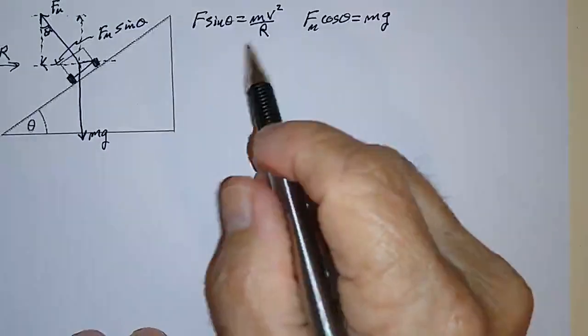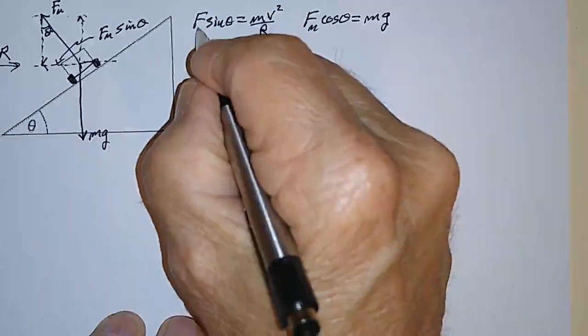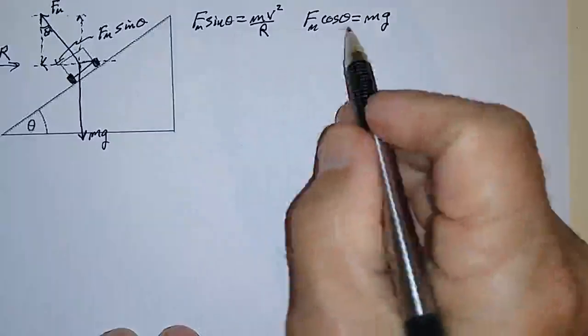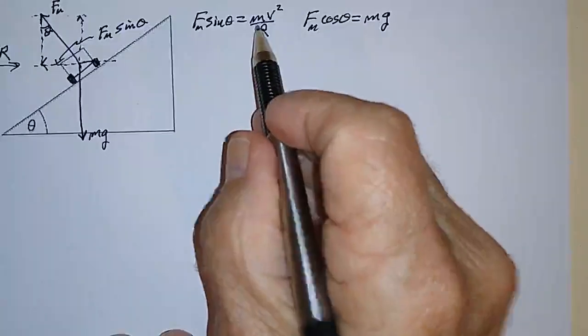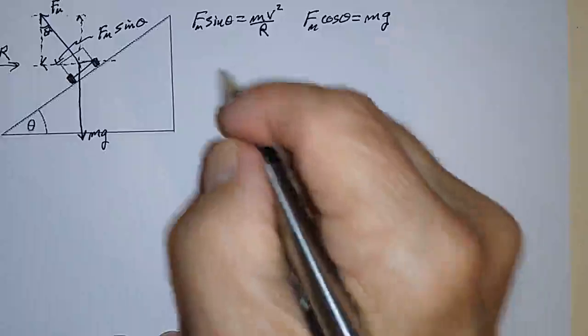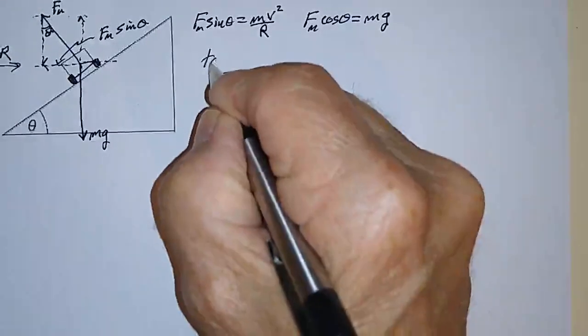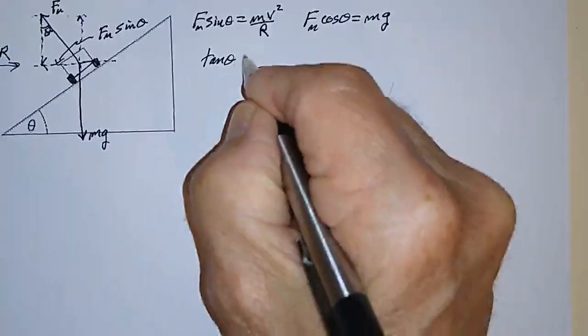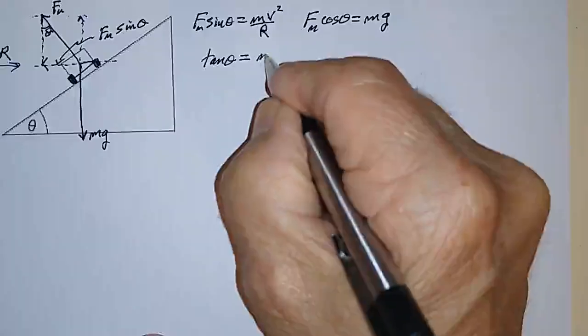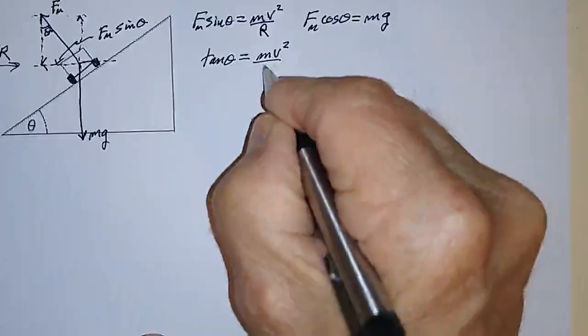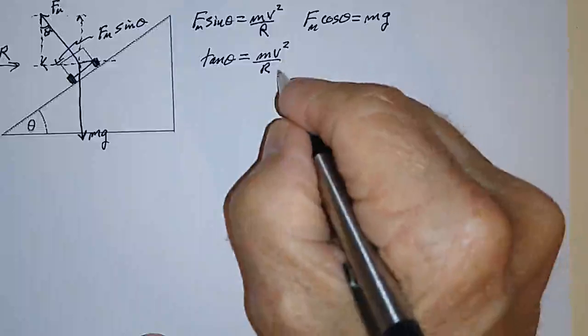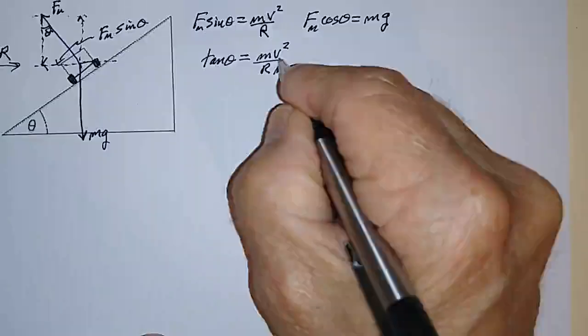Now I can quickly eliminate Fn from these two equations by dividing this equation by that equation, and I get that tangent theta is equal to mv squared over r divided by mg, like that.